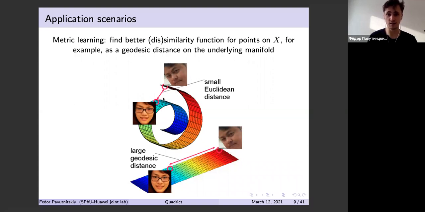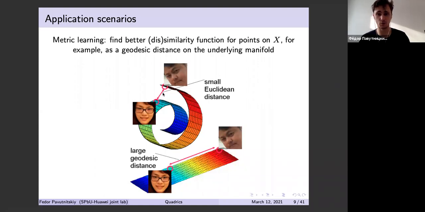And not in the ambient space, because as shown here, if the manifold is embedded very non-trivially in the ambient space, then the Euclidean distance in the ambient space can be not a very good measure of the similarity of the points by nature, right? So these points are quite different, but actually the distance between them is quite small.